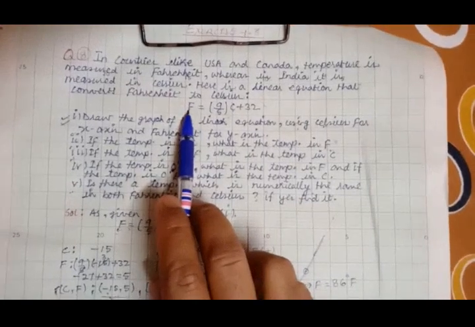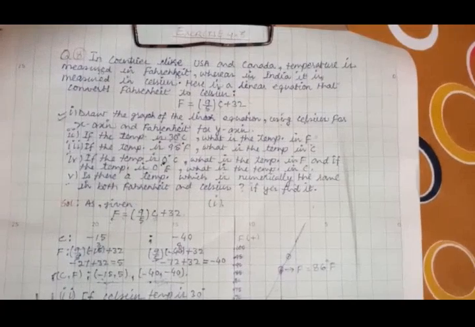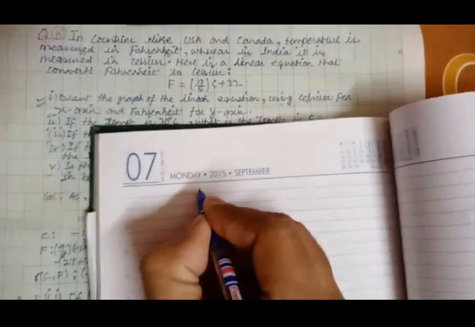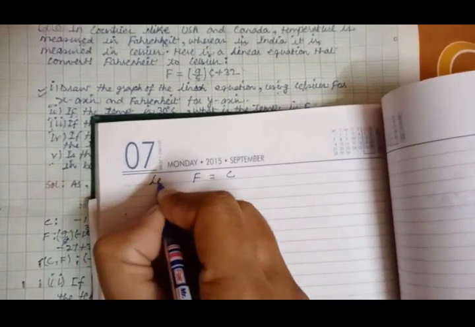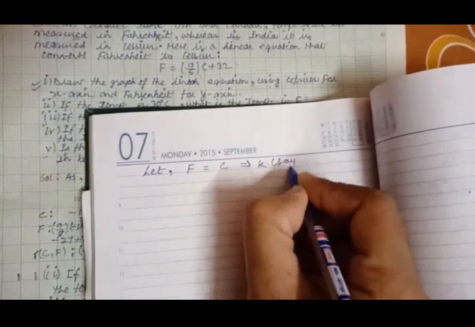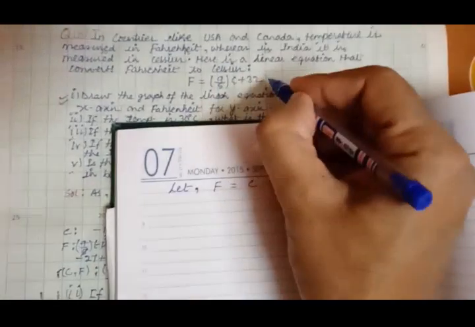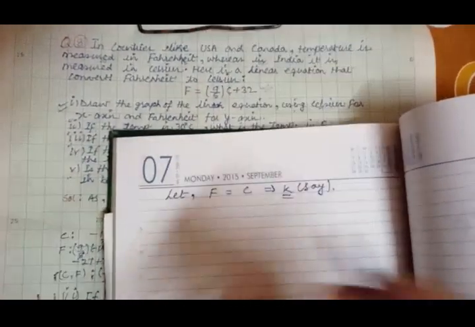For that purpose, I considered the readings of Fahrenheit and Celsius temperature as equal to each other, and that equal value I considered as K. So I considered Fahrenheit and Celsius both equal to K. Let's use this in the relation Fahrenheit equals 9/5 times Celsius plus 32.